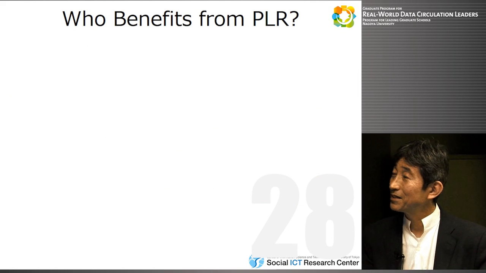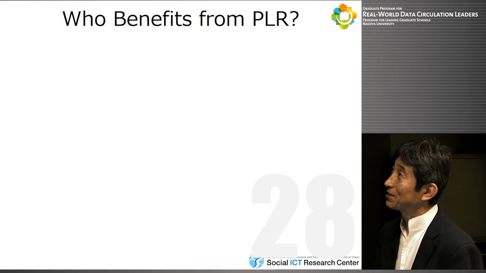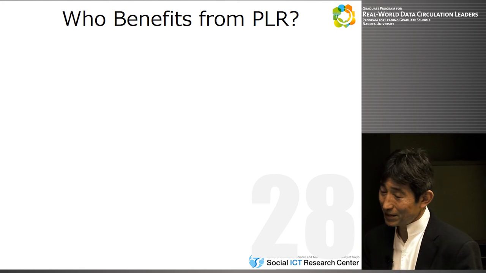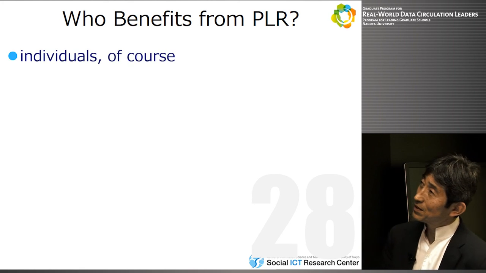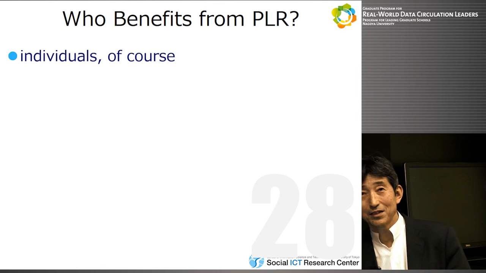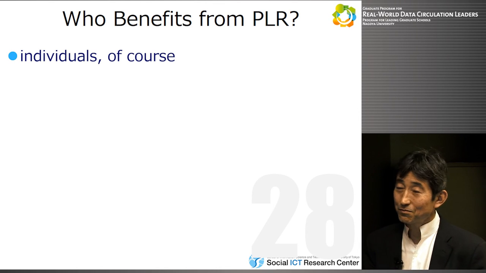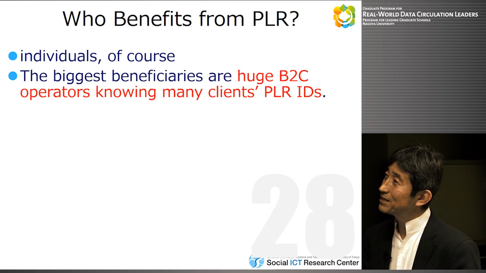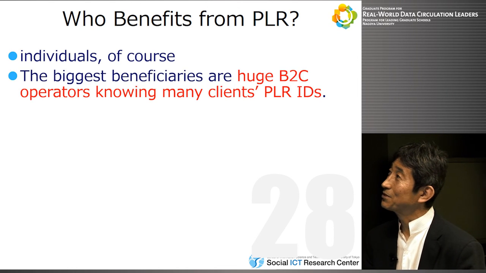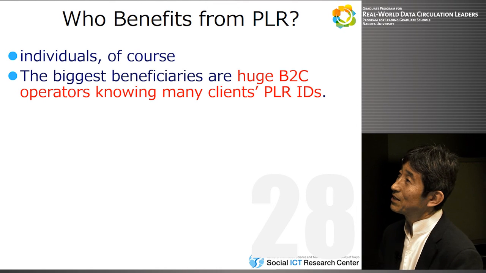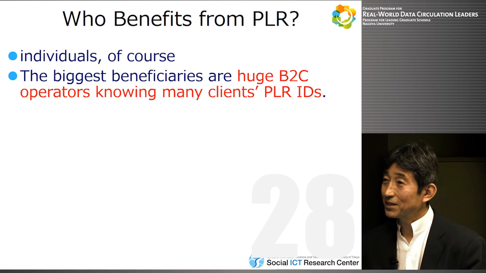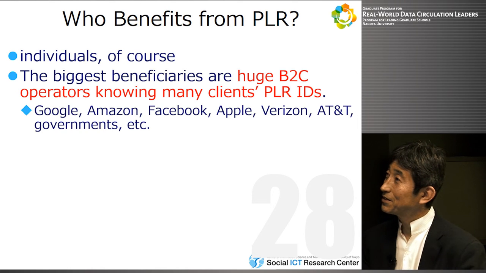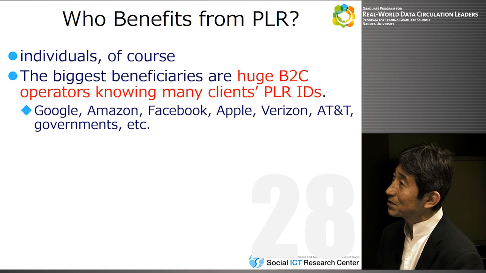Okay, who is a beneficiary of decentralized PDS? Of course, we, consumers, individuals, would be enjoying the benefit. However, the biggest beneficiaries are huge B2C operators, knowing many clients' PLR IDs, like these guys, right?